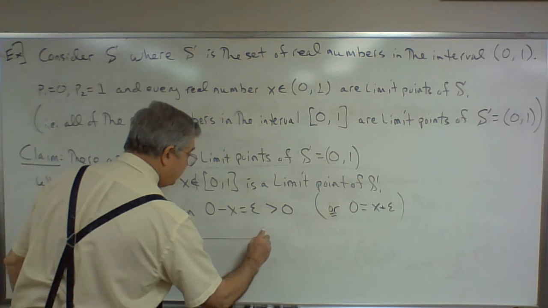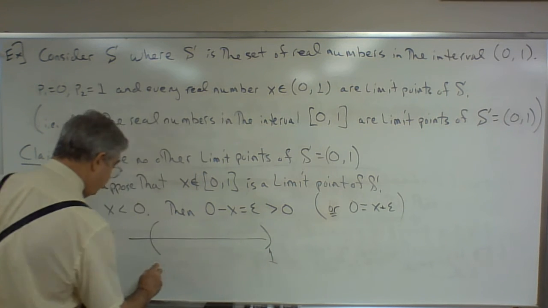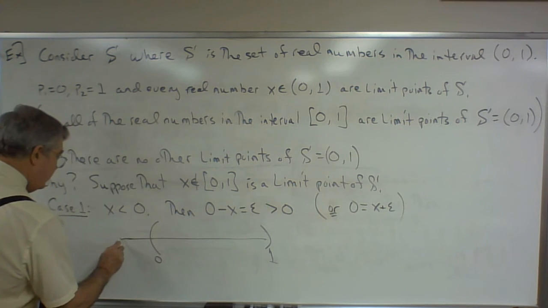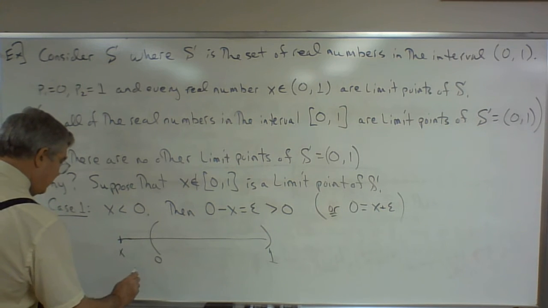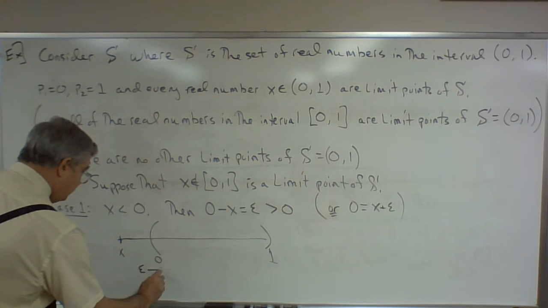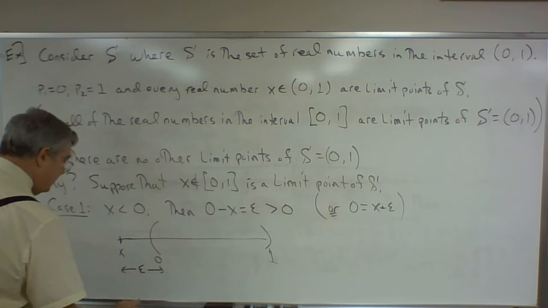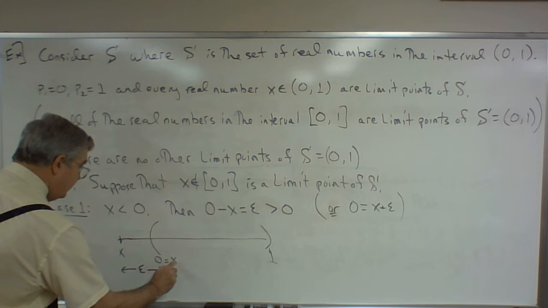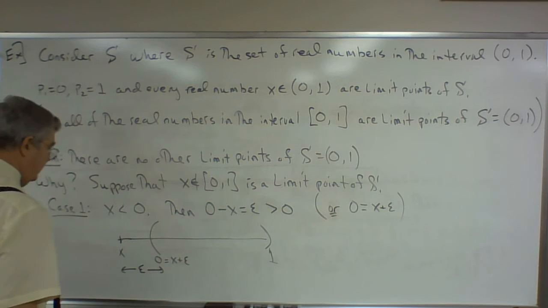Here's the interval from 0 to 1. And over here someplace is x. And this distance is epsilon. And 0 is x plus epsilon.